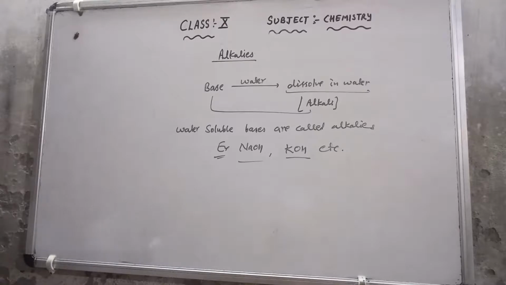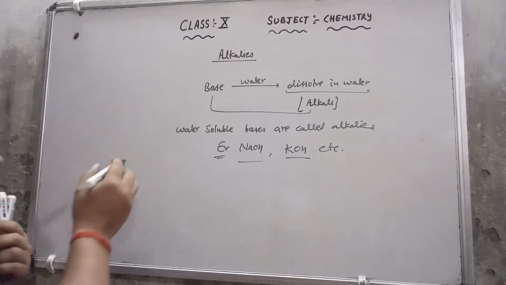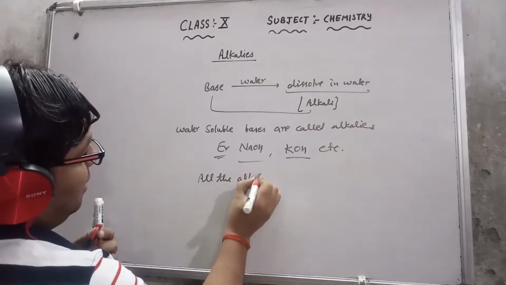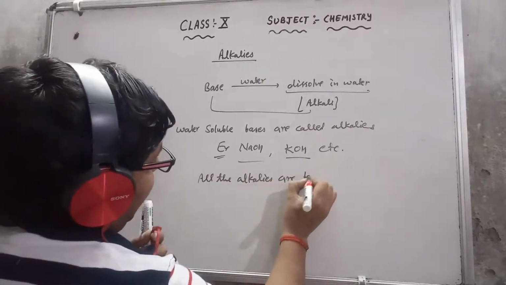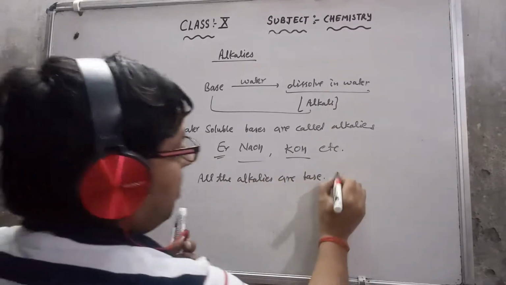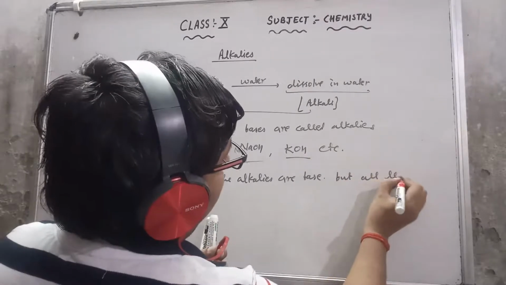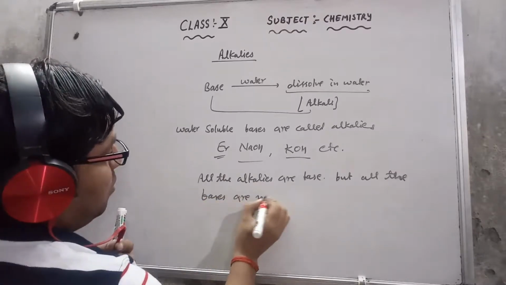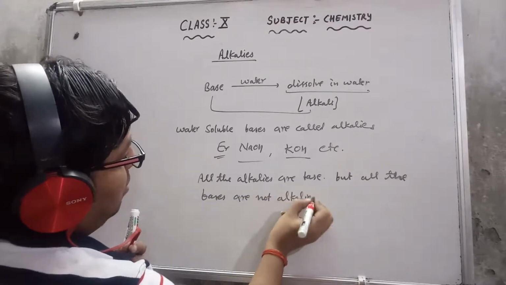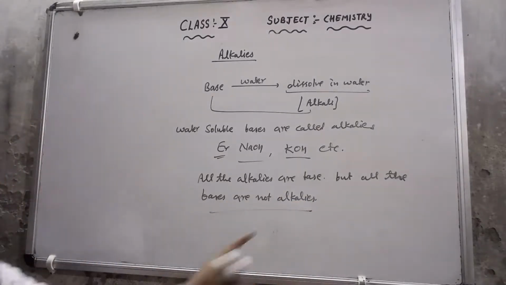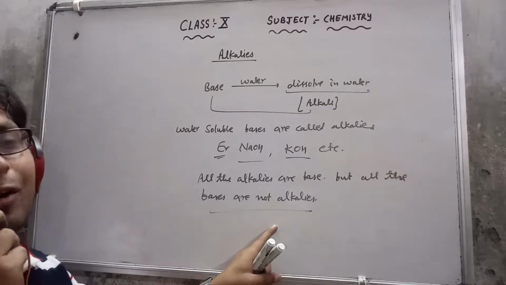Sometimes they ask in the exam what is the difference between base and alkali. Very simple, all alkalis are bases, but all bases are not alkalis, because only the bases which are soluble in water are alkalis, and the bases which are not soluble in water are not alkalis.